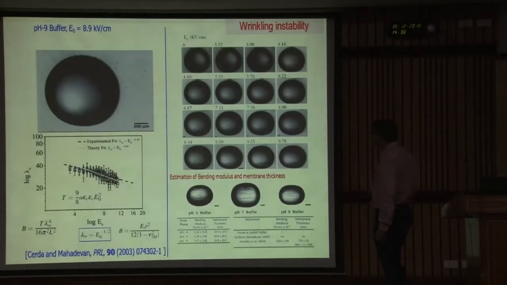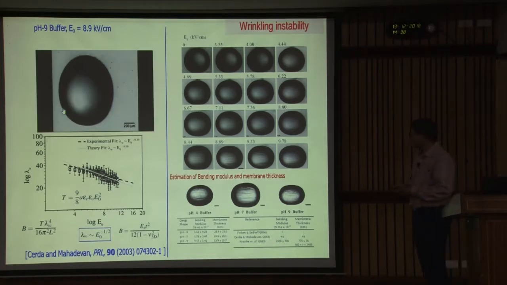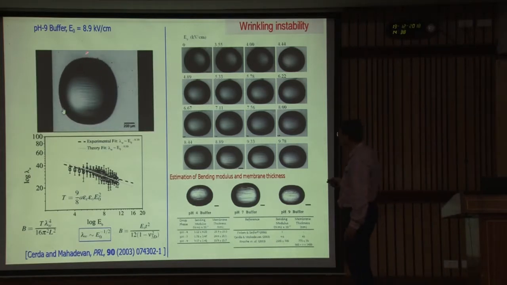Okay. Now, you could take these capsules and apply stronger and stronger electric fields, and we find that at certain critical electric fields, you start seeing wrinkles in the capsule. And we then use the theory of, so you would see these wrinkles.